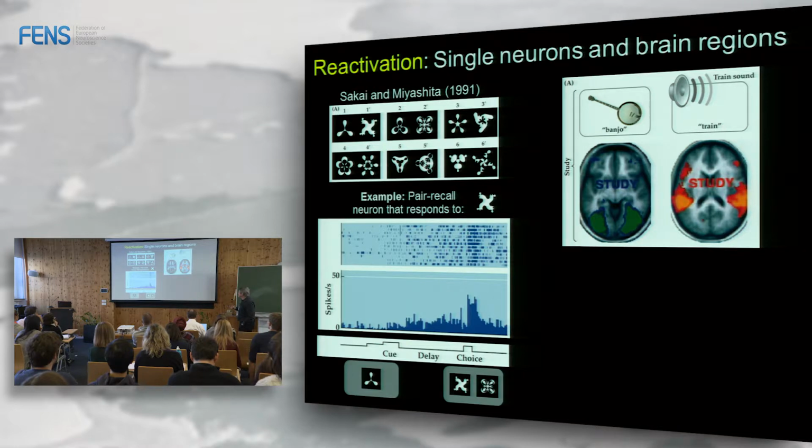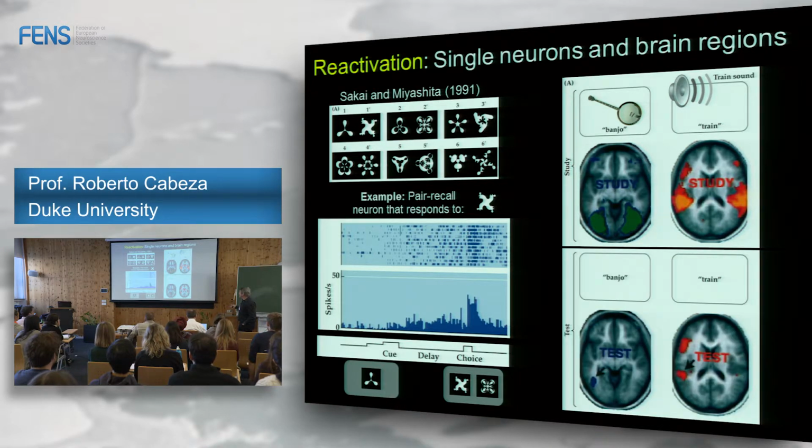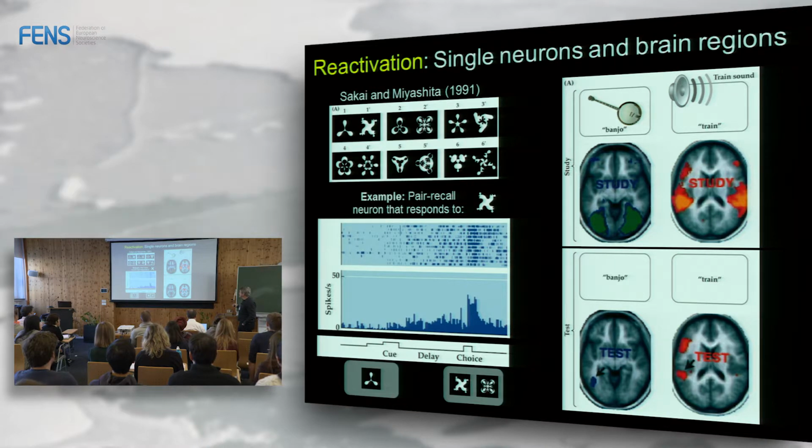In imaging, we use a different type of method. We typically present information such as words, for example banjo or train, paired with different contexts. For example, a visual context, like a picture, or an auditory context, such as the sound of a train. Then during retrieval, we typically present the stimulus without the context, and we can see whether some of this context is reactivated.